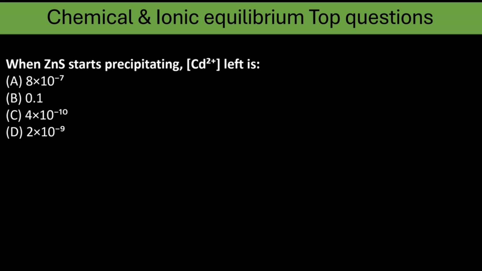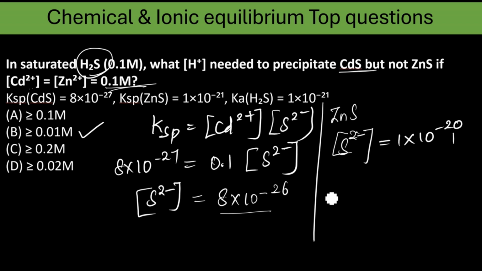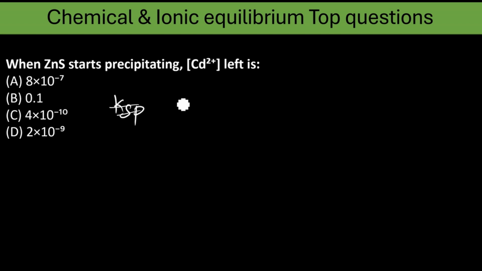When ZnS starts precipitating, what is the cadmium 2+ left? It's a continuation kind of question to the previous one. When zinc sulfide starts precipitating, from there we already calculated the sulfide value, which for zinc sulfide is S2- equal to 1 into 10 to the power minus 20.